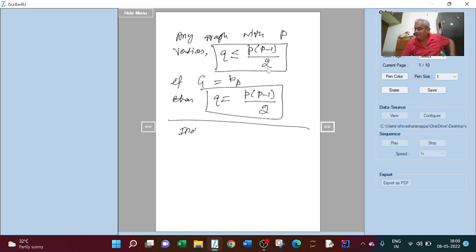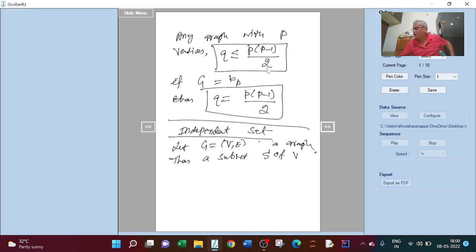We write independent set. So here, let G equal to (V, E) be a graph, then a subset, say I will take S, of the vertex set V, is said to be independent if no two vertices in S are adjacent.